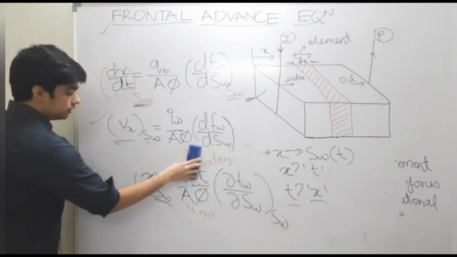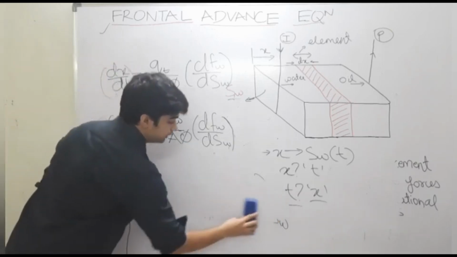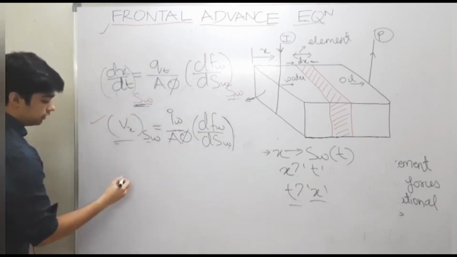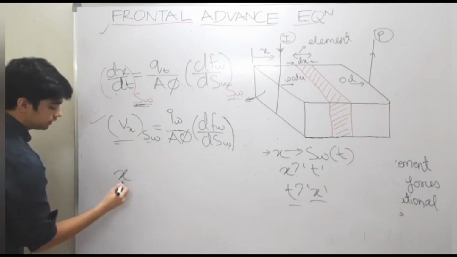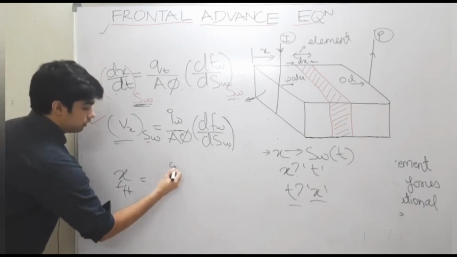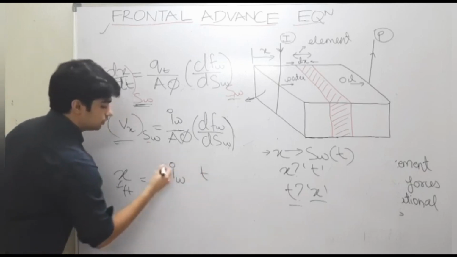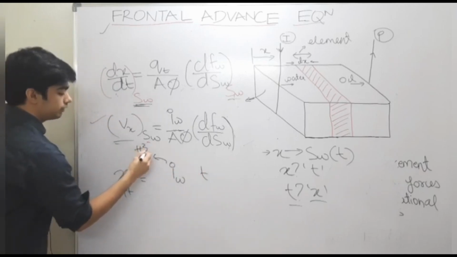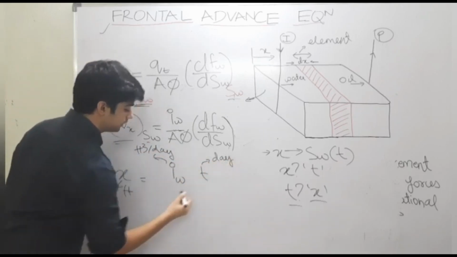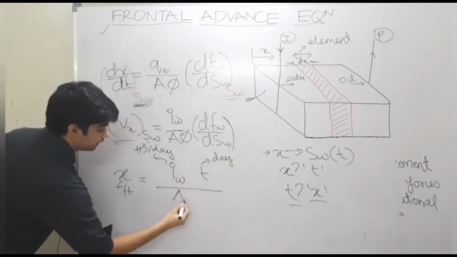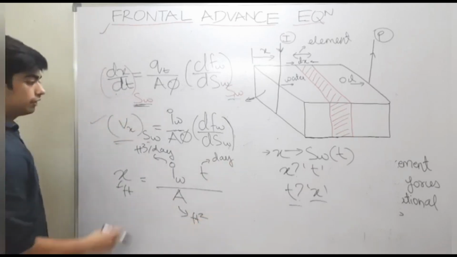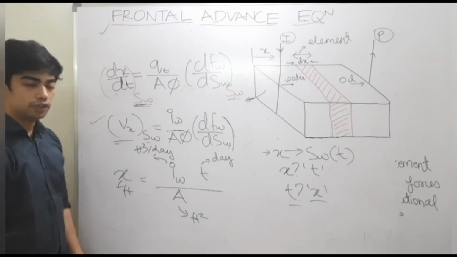And if you want to convert it into field units, then basically you can consider x in feet, so I will be in feet cube per day, time will be in days, divided by area which is in feet square, and we are not concerned with the rest of the part for deriving the units.